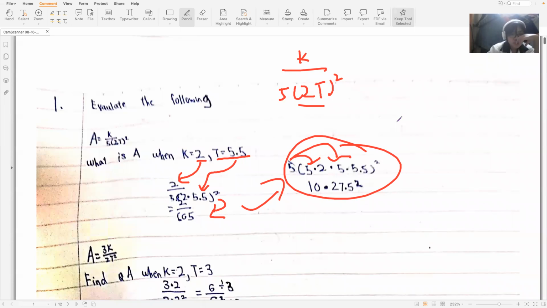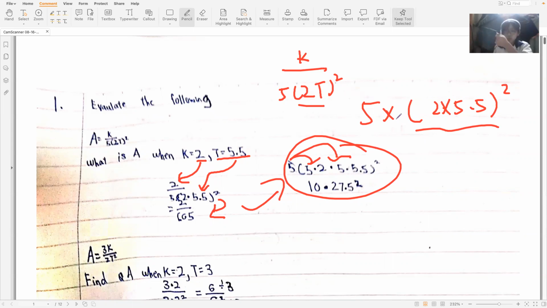You have this one, right? You have a bracket here. This is 2 times 5.5, by the way. So this is times. So what do you mean by you need to open the bracket? I don't understand you.